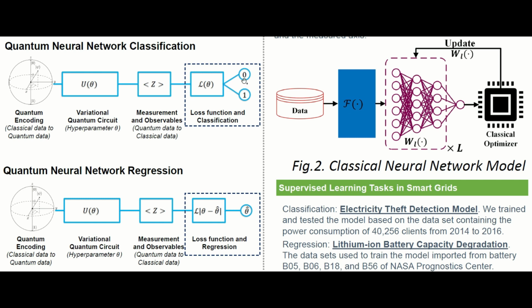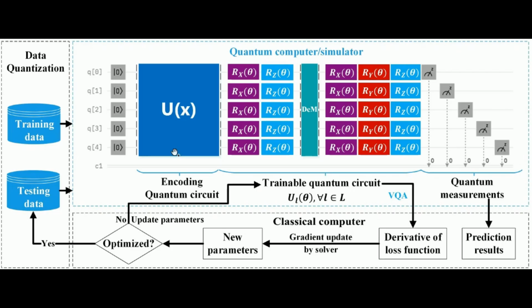It means normal customer or the customer with fraud. In the regression, we have the prediction, and the prediction has to be close to the real label. So we try to minimize the loss function.